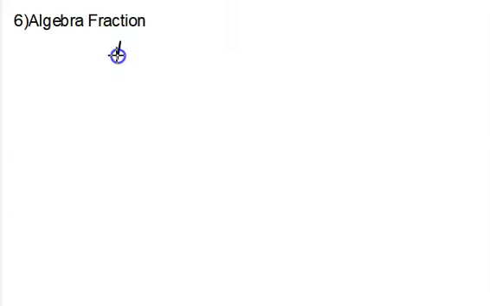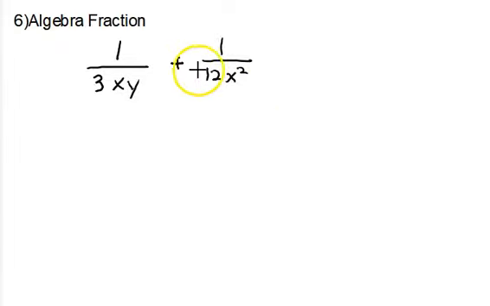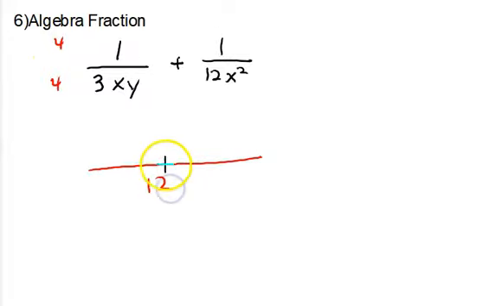Okay, for level number 2, you'll be having numbers. Example like 1 over 3xy plus, now you have 12x square. Okay, so we are going to simplify this. So at this part, we are going to multiply 4 to make your denominator the same. So now we have that 12.